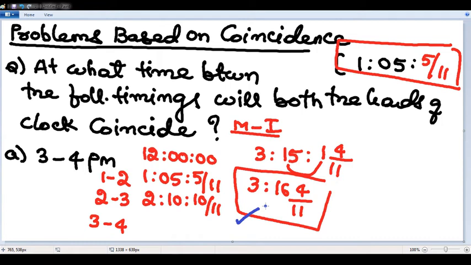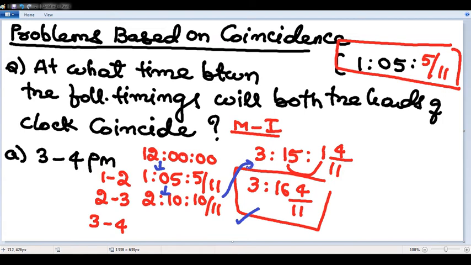First they will meet at 12. Again they will meet after 1 hour 5/11, that is 1 5/11. Again after 1 hour, 2 10/11. Again after that, 3 15/11. Now if you see how many times I am adding: one time, second time, third time.